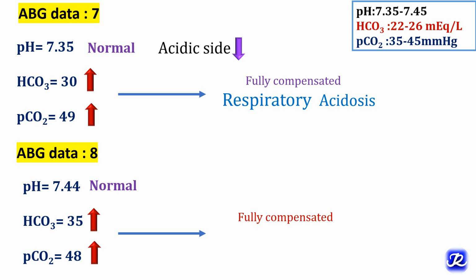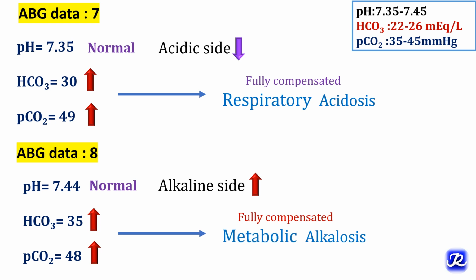So as the pH is 7.44, which is more towards the higher side, that is on the alkaline side, we will label this condition as alkalosis, and bicarbonate level correlates with this alkalosis. So this is metabolic alkalosis, and as the pH is normal, it is fully compensated metabolic alkalosis.